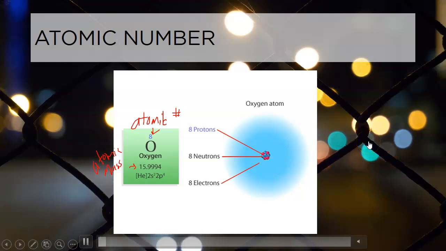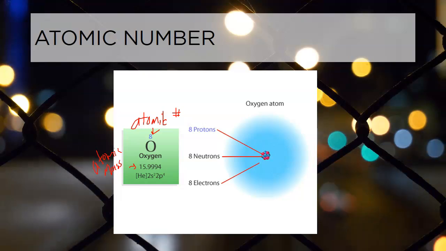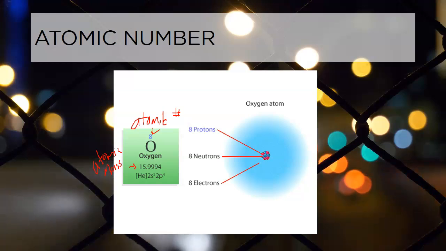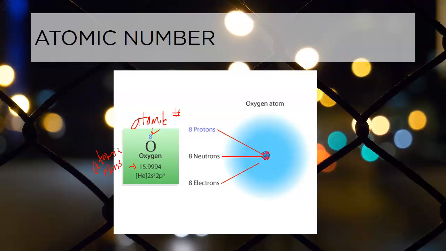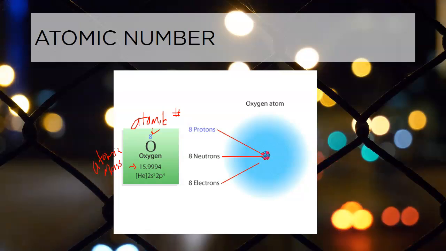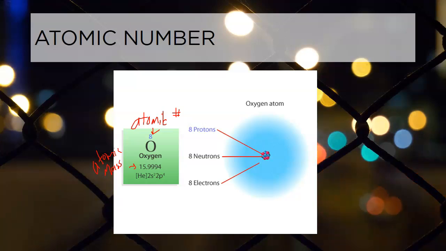So you can see here, I have what you might find on a periodic table box for oxygen. The integer that you see on there is the atomic number. The decimal number is going to be your atomic mass, which we'll talk about toward the end here.